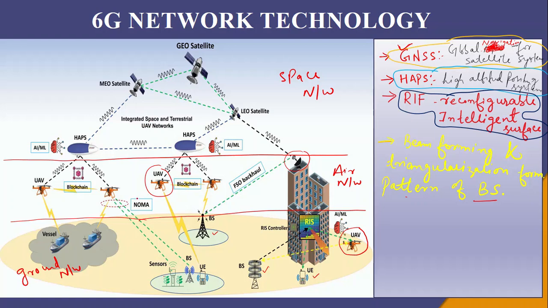In this, one more thing, NOMA, the non-orthogonal multiple access technique, is used for the UAVs that will send their signal to the ground with the help of this technique.